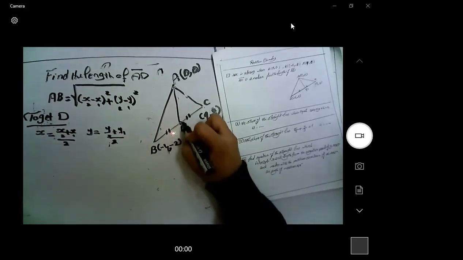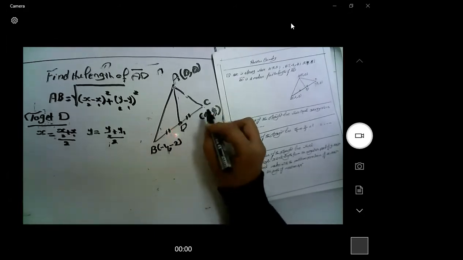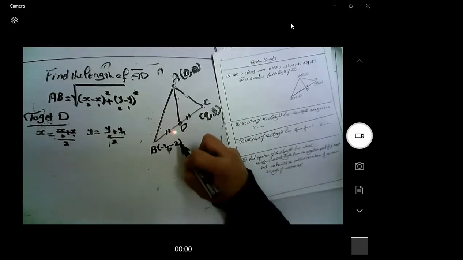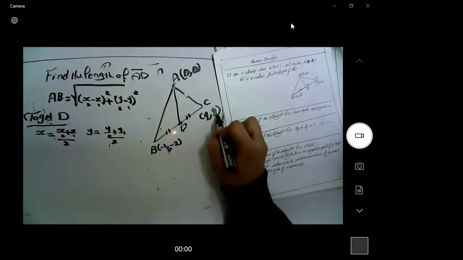So we want to get the midpoint of BC, which is the point D. B is -1, -2 and C is 9, 8.